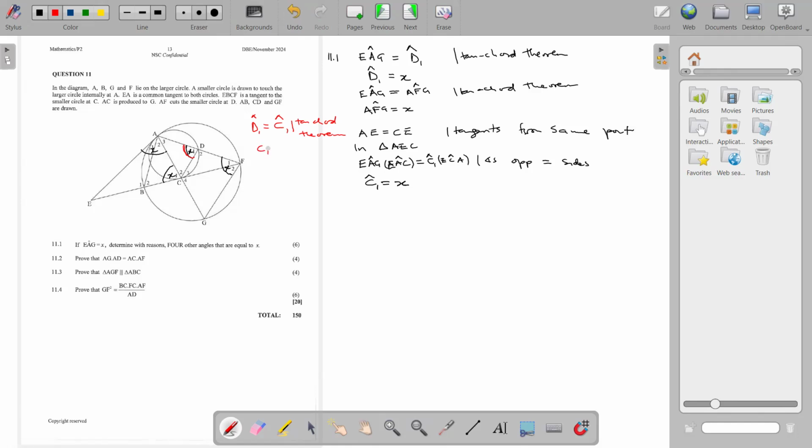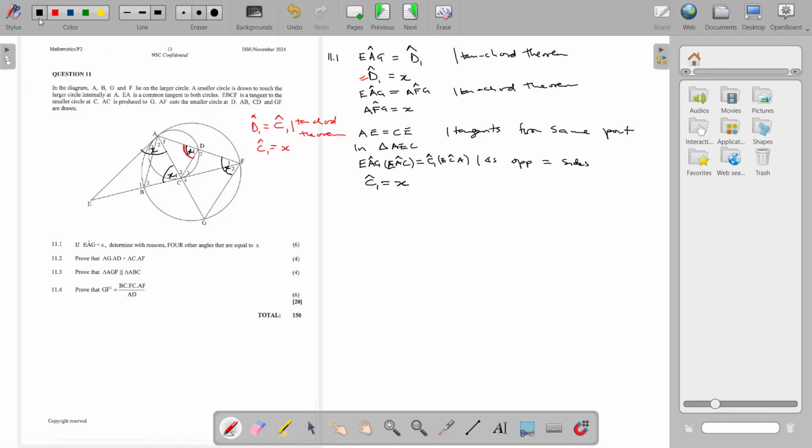Therefore, C1 is equal to X, since D1 has already been established to be X. Or someone would have started by getting this angle, then go there. Still the same. There's no royal way to Euclidean geometry.